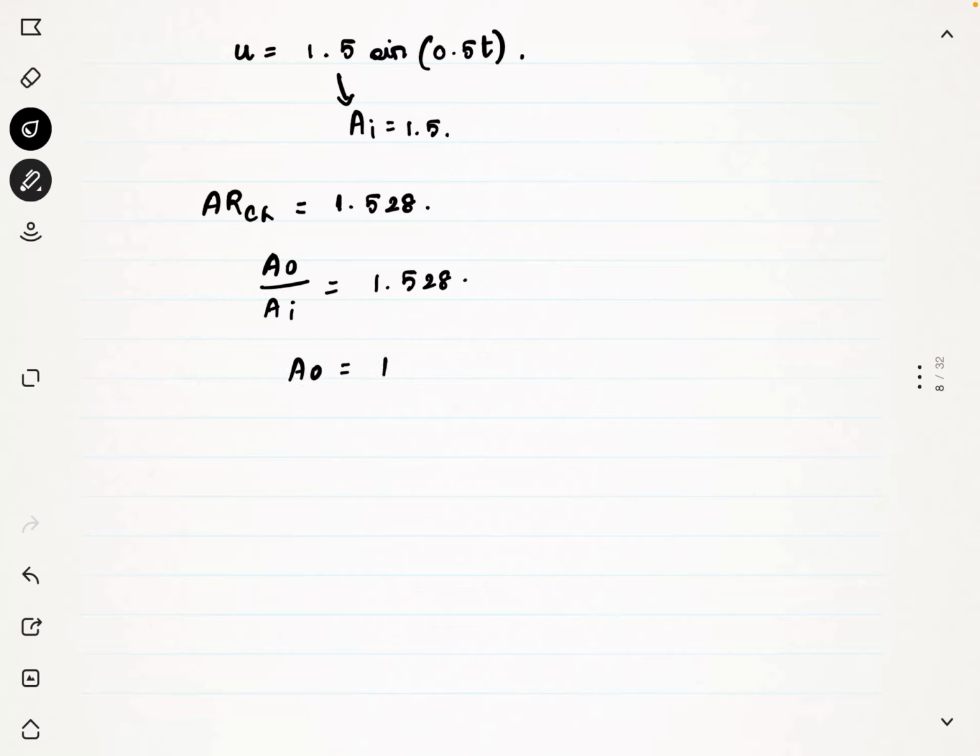Amplitude of the output is equal to 1.528 into input amplitude 1.5, which is 2.29, and this will be the amplitude of the output signal under closed loop conditions.